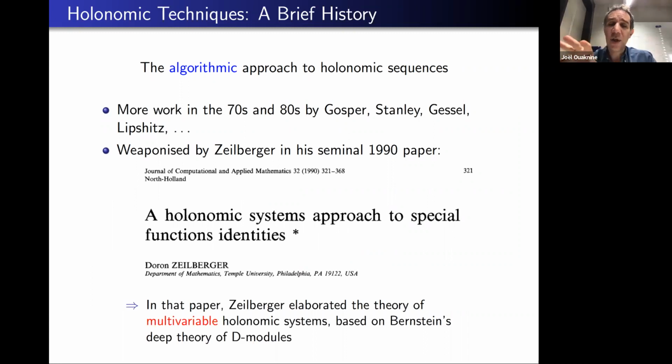In that paper, Zeilberger elaborates the theory of multivariable holonomic systems based on Bernstein's deep theory of D-modules in differential algebra, where he has functions that have both discrete and continuous variables, so many variables, and he finds a systematic way to establish identities amongst these functions. So this was truly revolutionary.